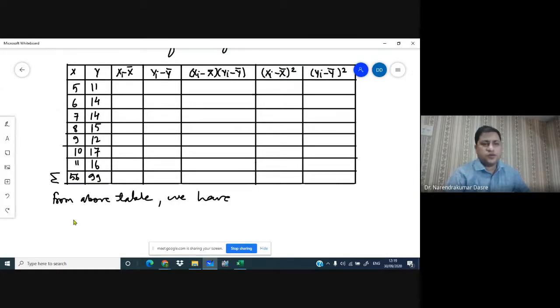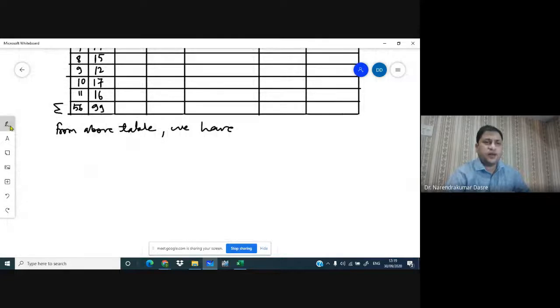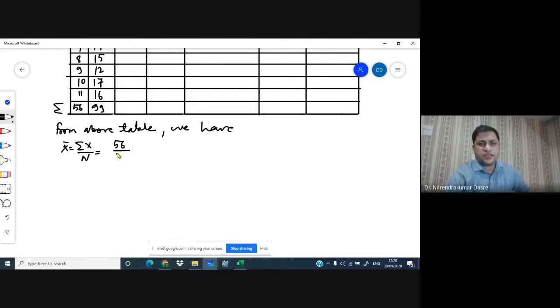So what do we know about X bar and Y bar? X bar is equal to summation X upon N. So it is 56 upon N, which we have already seen is 7. So it is going to be 8. What about Y bar? Y bar is summation Y upon N, hence 99 upon 7.